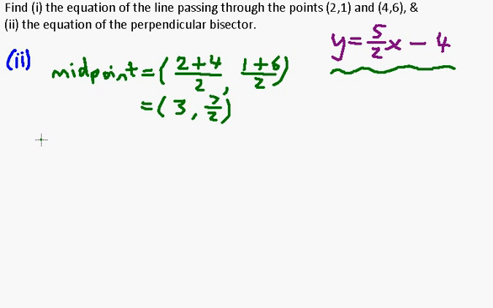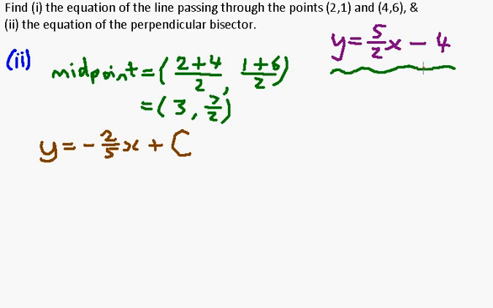Now we need to find the equation of the perpendicular bisector. I'm just going to change the colour to, let's try brown. We know that the perpendicular bisector will have the equation y is equal to minus 2/5 x plus capital C. Where has that minus 2/5 come from?